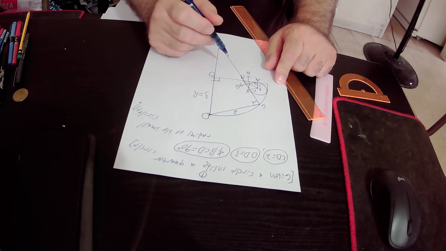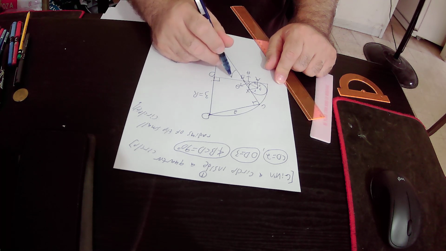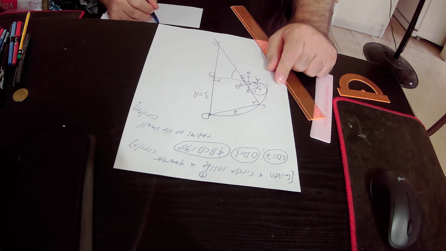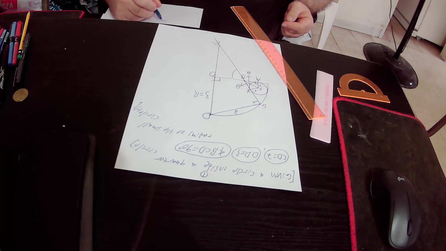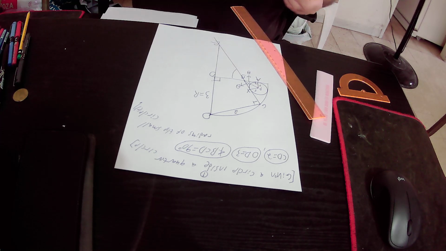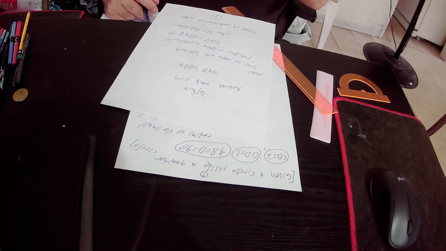Angle EBO and angle ABC are two vertical angles. Again, angle EBO and angle ABC are two vertical angles.